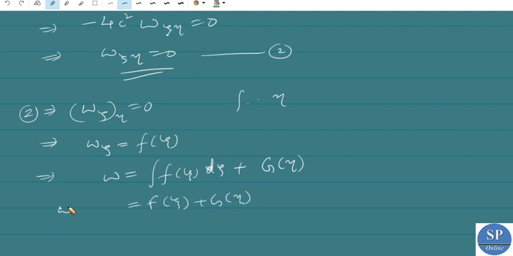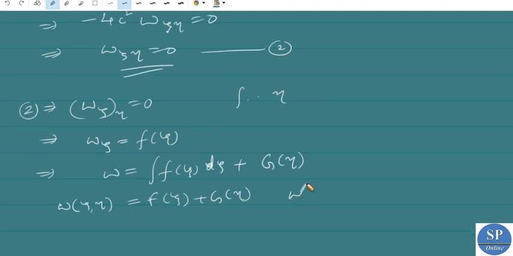So our solution is W of zeta eta equal to f of zeta plus g of eta, where f and g are arbitrary twice continuously differentiable functions on R. So this is the general solution of the canonical form 2.